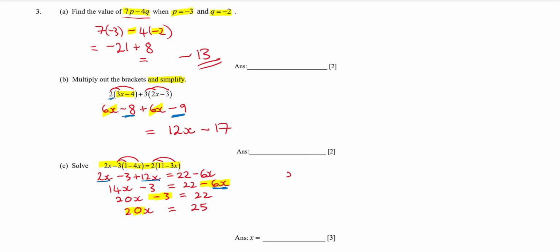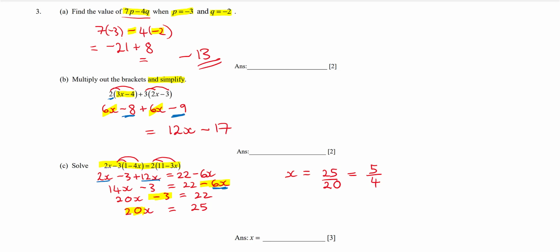So we'll end up with then x is equal to 25 over 20. And if we simplify that, we're going to have 5 over 4, because 5 is a common factor between 25 and 20. So we get 5 over 4.